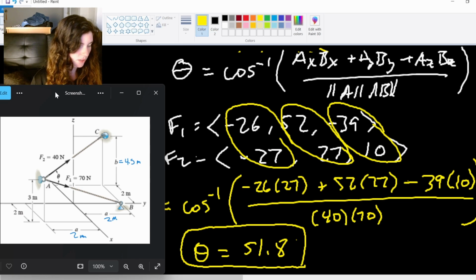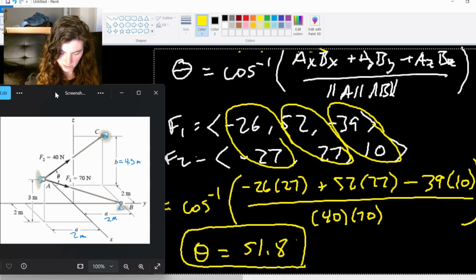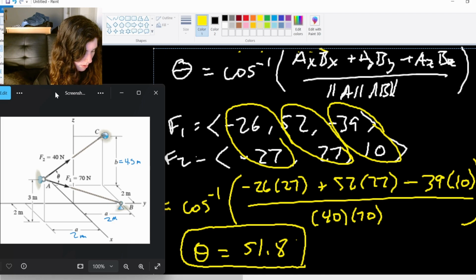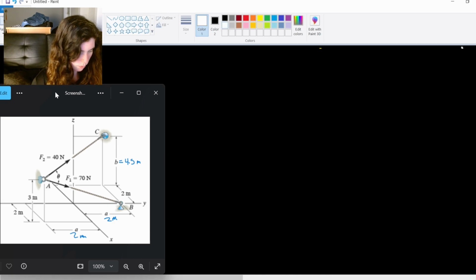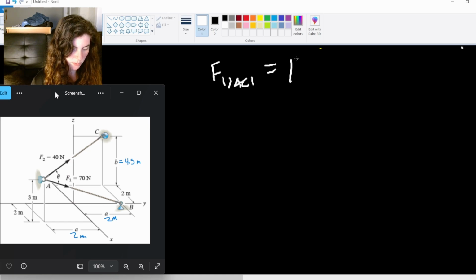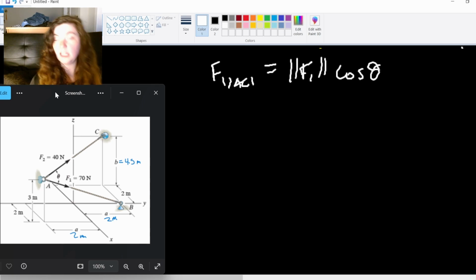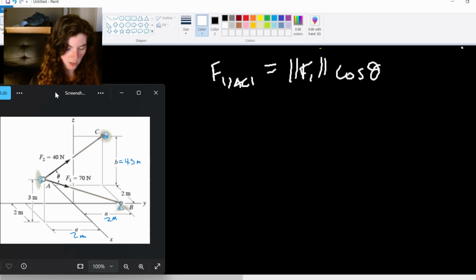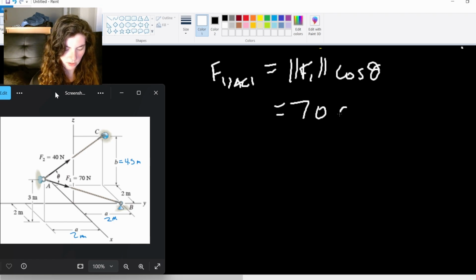So to do that, all we need is that projection formula, which was the projection of F1 onto AC going to be the magnitude of F1 times cosine theta. That's it. The only formula we need. And we know we just found theta, and we know the magnitude of F1. We can look at 70 newtons there.